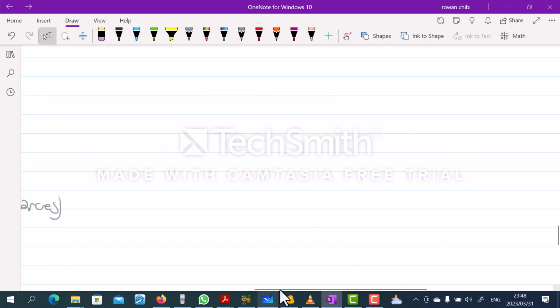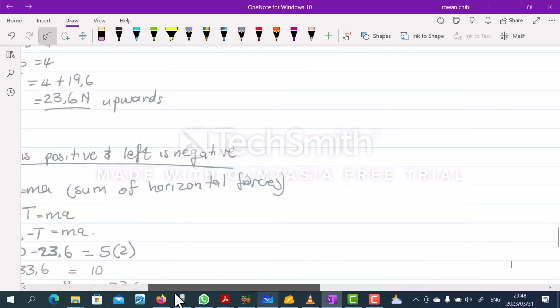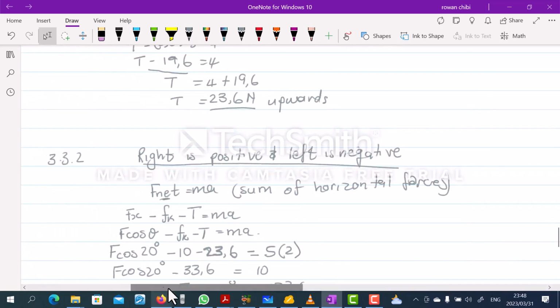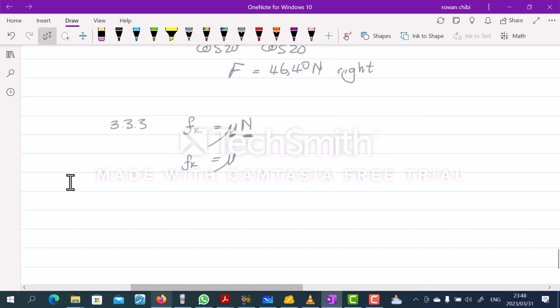So let's apply the formula here. So we say N is equal to mg minus F sine theta. So let's quickly say, okay, we do know the value for this one. I think it's 10.